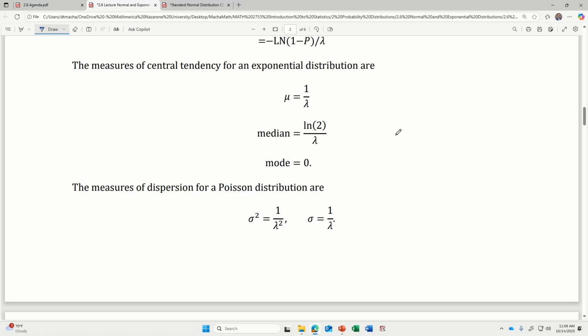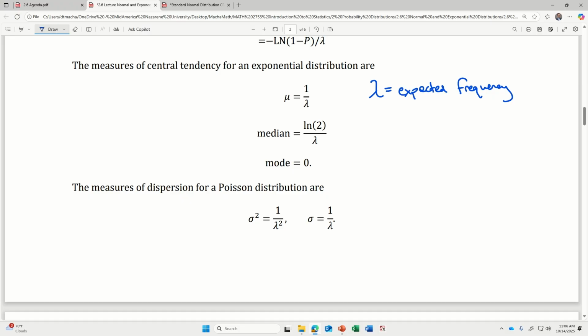Central tendency is a little bit different for exponential because we are going to be given a parameter lambda, where lambda is the expected frequency, like the number of fish I plan on catching per hour.